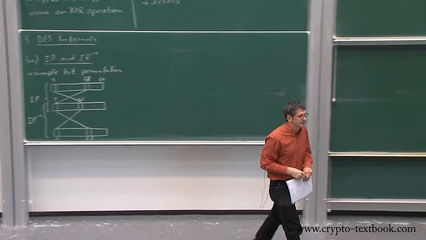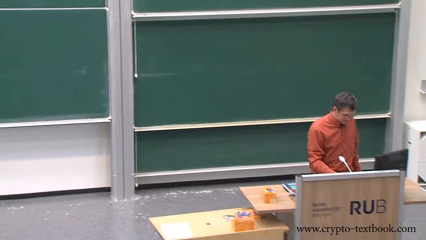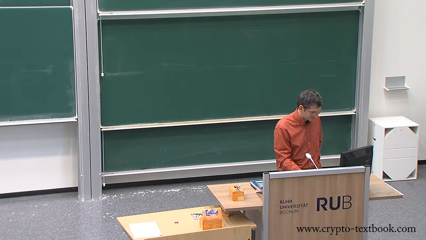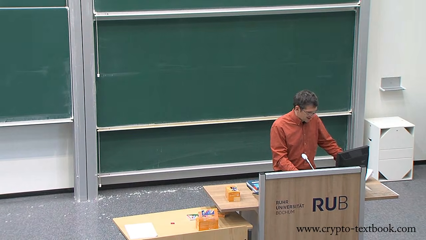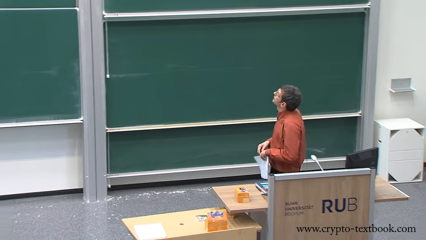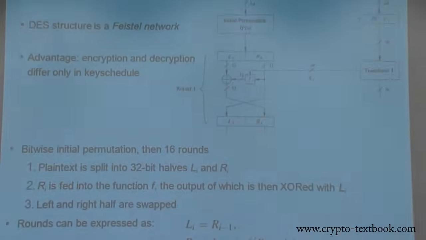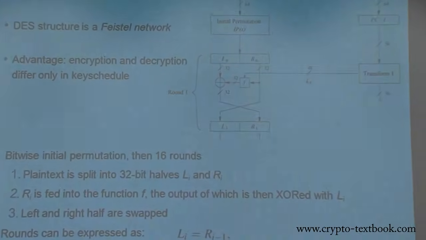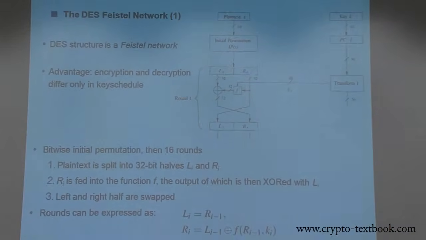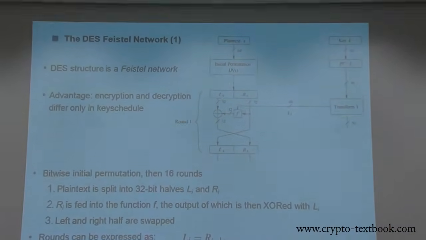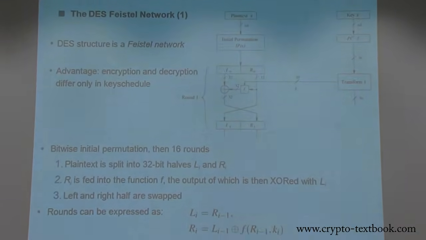All the DES tables are written in that way. Now the interesting thing is, if you look at one of these DES rounds, the big thing we have to address is how one DES round works.